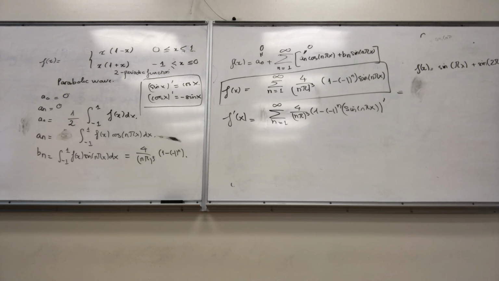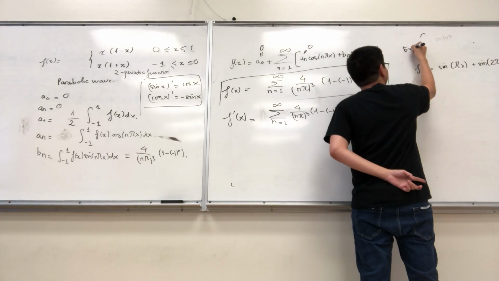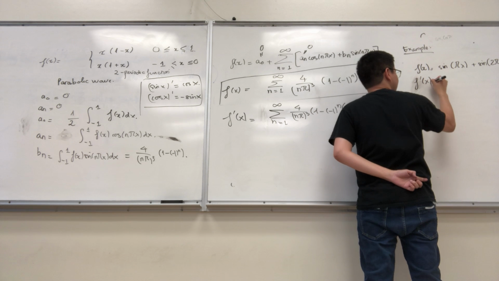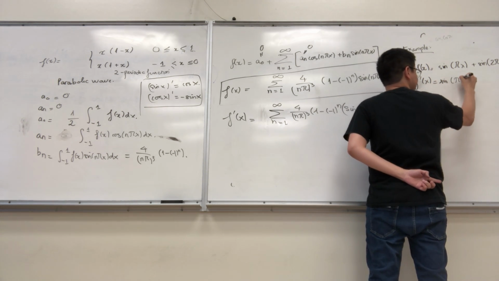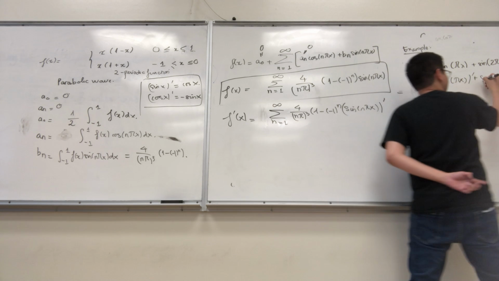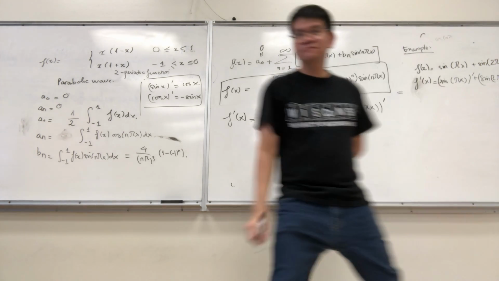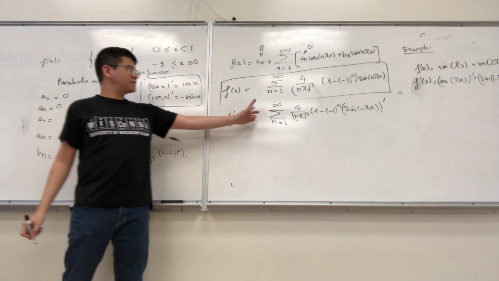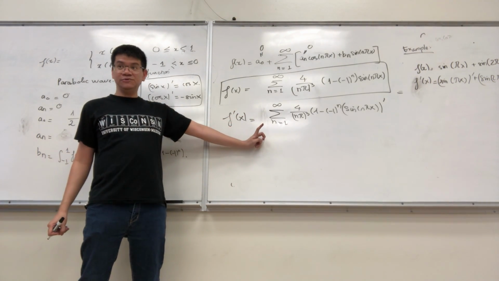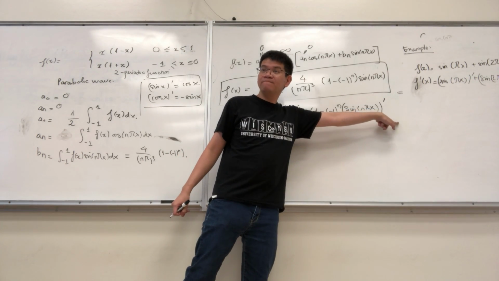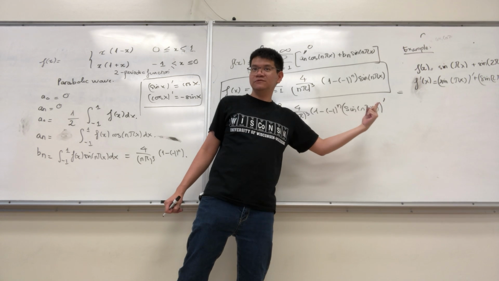If you want to take the derivative, you just have to take the derivative of the sinus. So f prime of x will be sinus pi x prime plus sinus of 2 pi x prime. So in order to take the derivative of the whole series, you take the derivative of each term and you take a sum, right? It's clear?